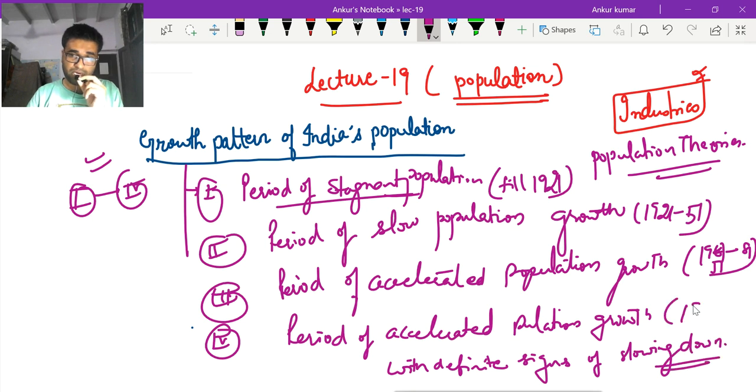This is after 1991, right? So in these four phases, the population of India has grown.